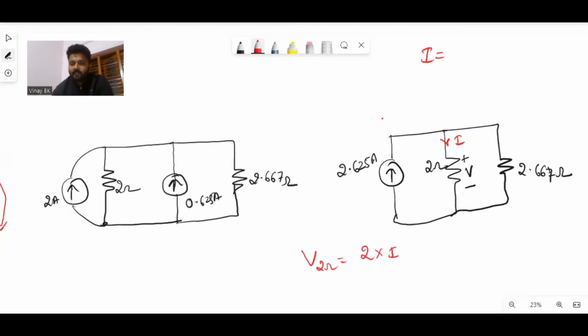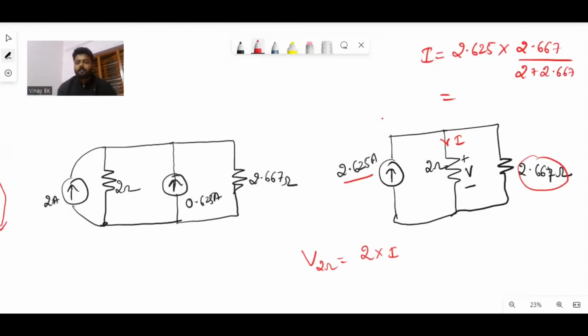By applying the current divide rule in a parallel circuit, you get the branch current. So this branch current I is given by the total current, 2.625, into the opposite resistor, 2.667, divided by the sum of the resistors, that is 2 plus 2.667.